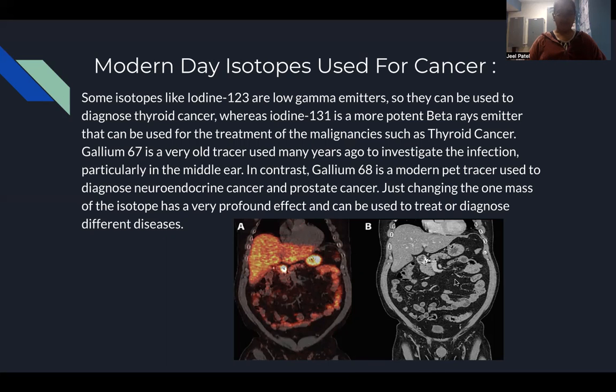Here is the image taken using the gallium-68 isotope under gamma rays. The white part shows exactly where the cancer is. So you don't just have a brief idea that it's a neuroendocrine cancer; you exactly know where the targeted cancer is.